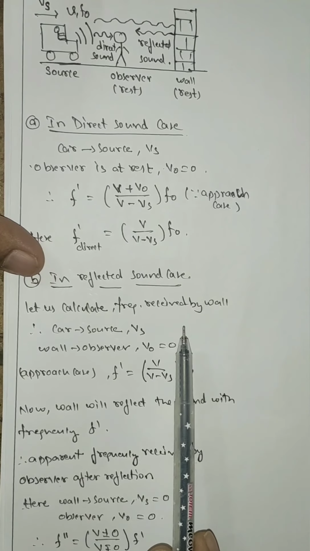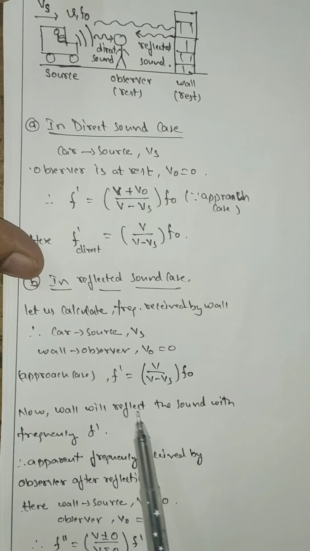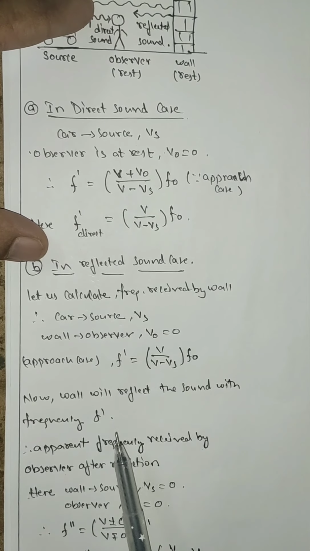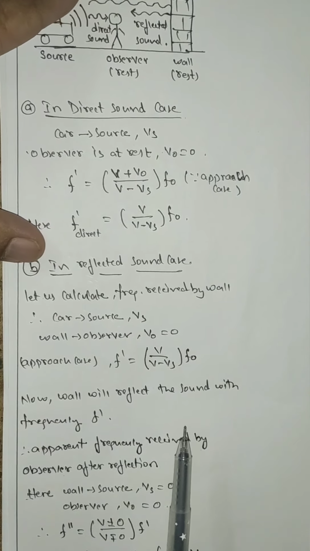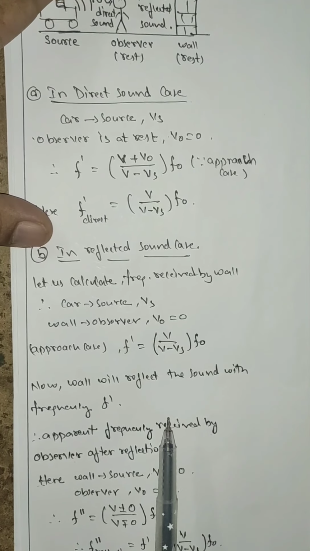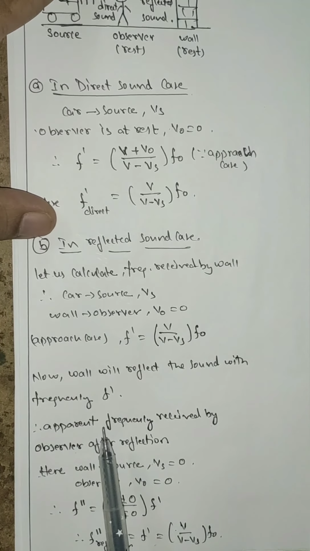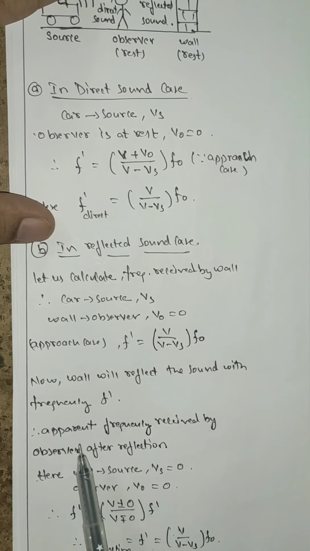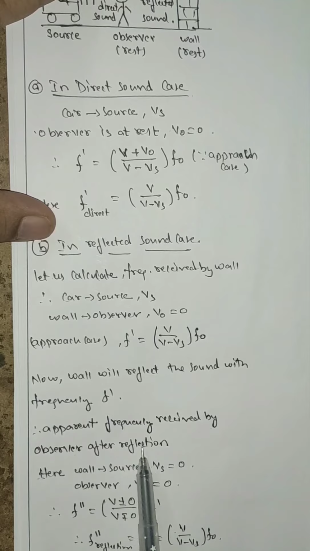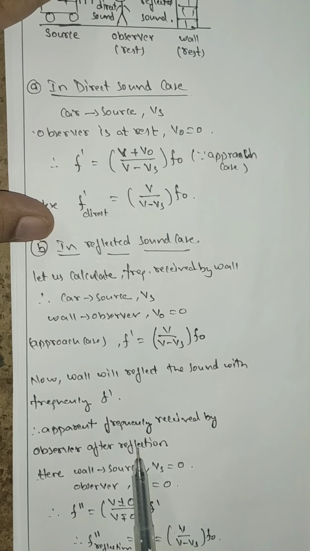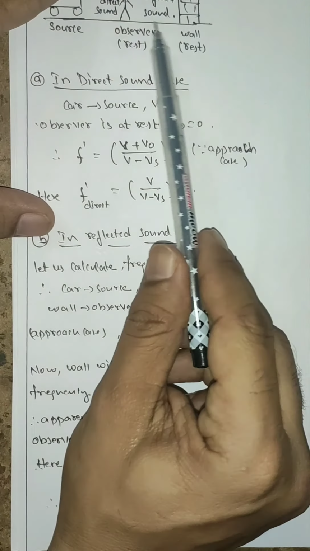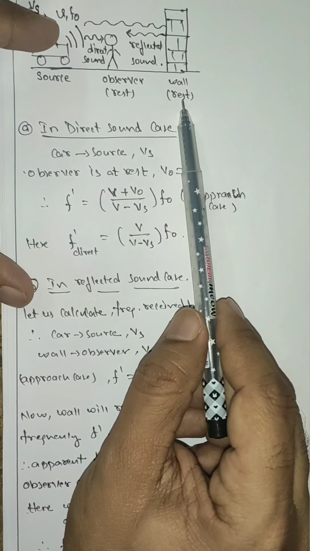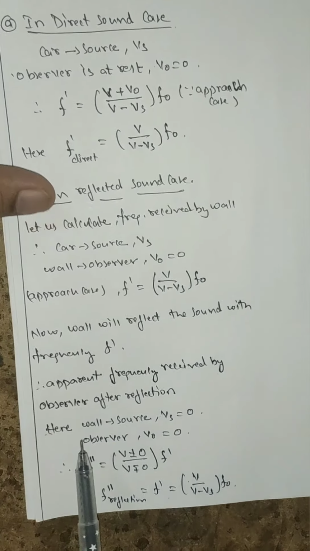Okay, this frequency is reflected by the wall, and the reflected frequency is received by the observer. So let us see what the apparent change in frequency is, whether he is receiving the same frequency f prime or a different one. So, the apparent frequency received by the observer after reflection. Clear? Okay. Now after reflection, the wall and the observer are at rest, so I am using the general formula.